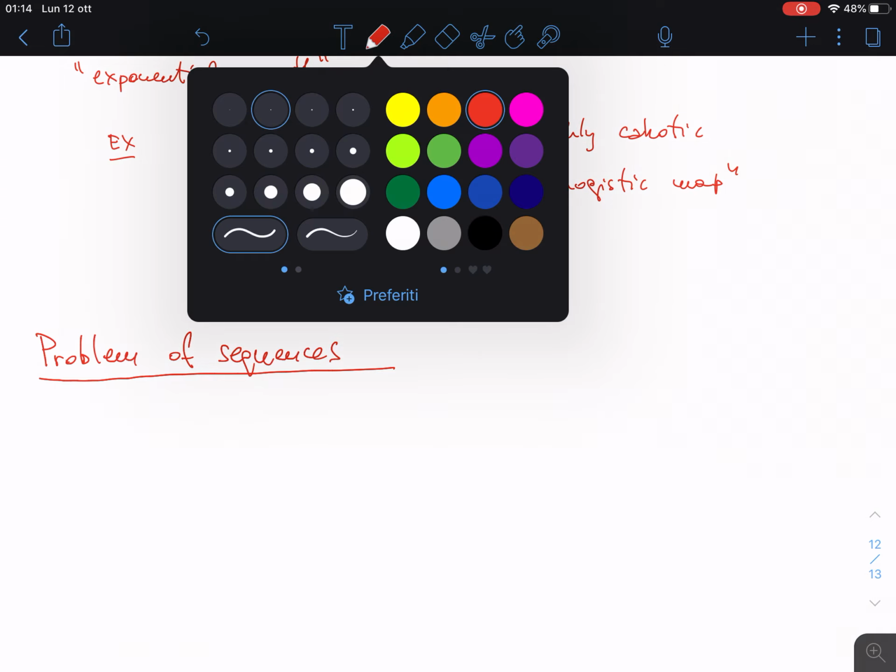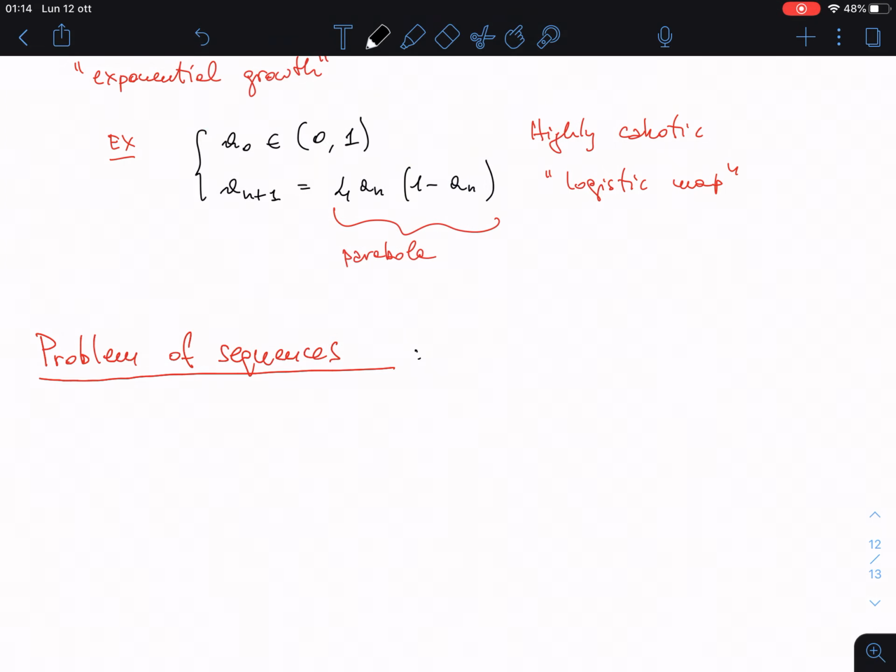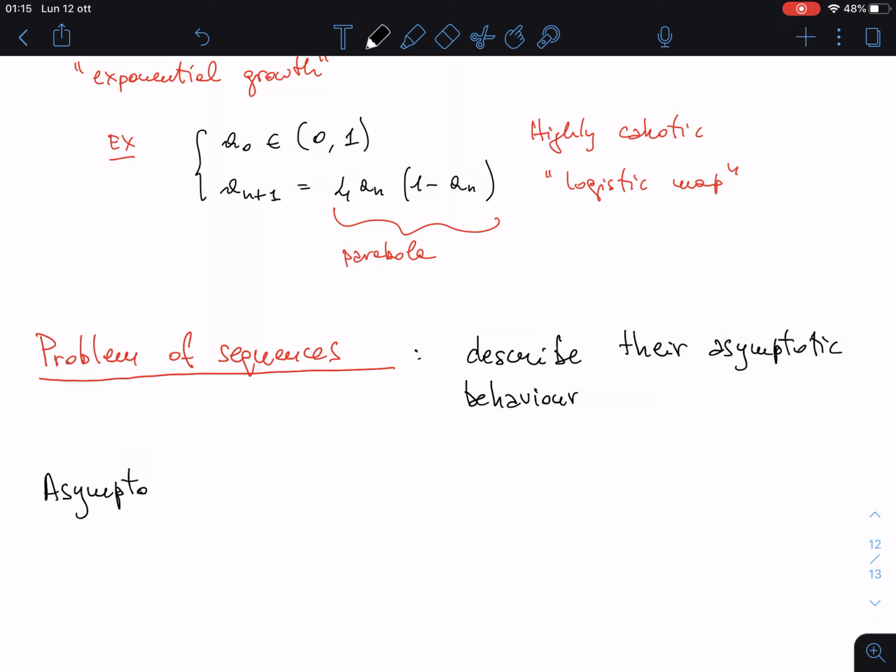What we will ask about sequences is to describe the asymptotic behavior, where asymptotic means for very, very, very large n.